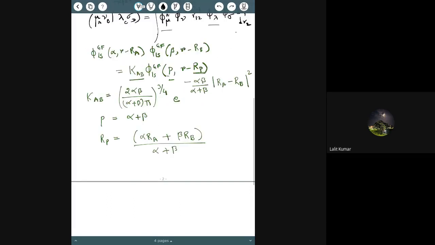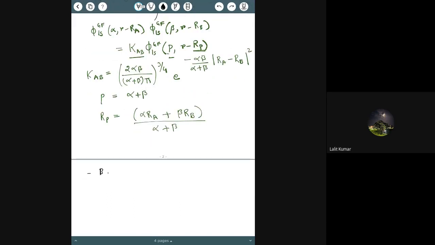So the basis functions are constructed as real. However, when you solve the Hartree-Fock equation, your molecular orbital can have complex coefficients.